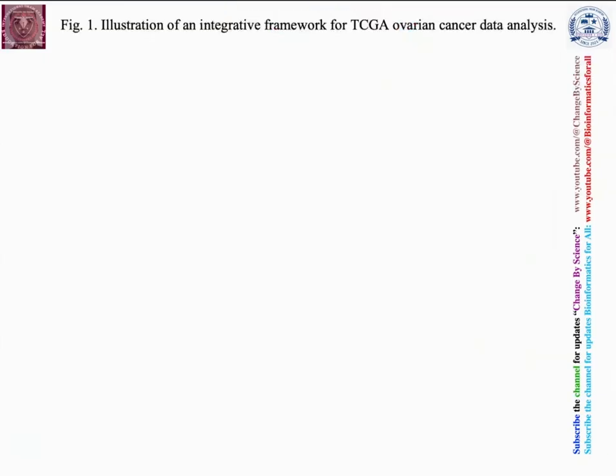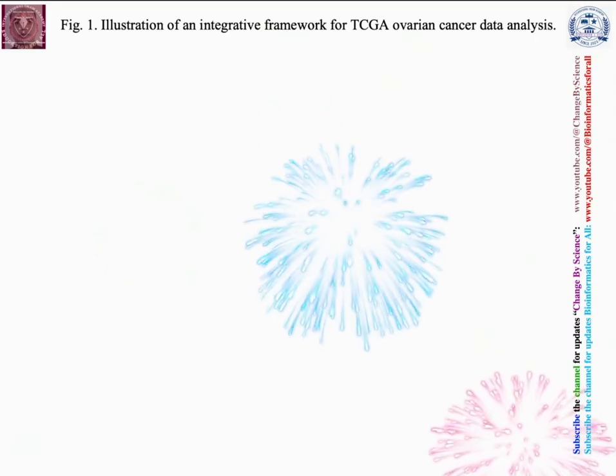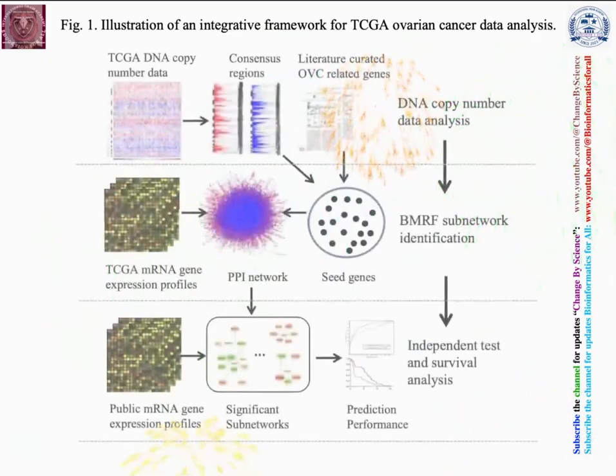Now, if you want to understand the illustration for the TCGA data set, if you are looking, instead of your own data, for the biggest cancer database, that is the TCGA data set base, where you can select the ovarian cancer data set, then how it may look like.